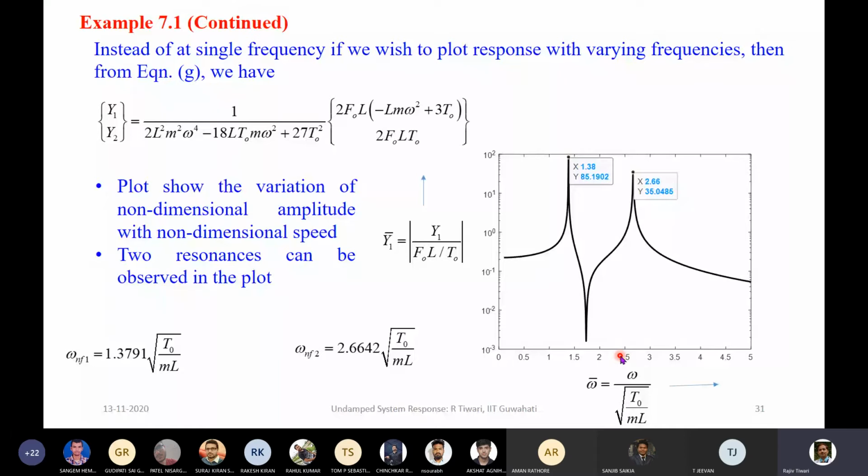If you remember, in a single degree of freedom system, the phase changes at resonance. The phase before resonance becomes 90 degrees at resonance, and after that it becomes 180 degrees. That we have not plotted here. But if damping is there, then it is more meaningful to plot the phase along with the frequency, and that is called a Bode plot.